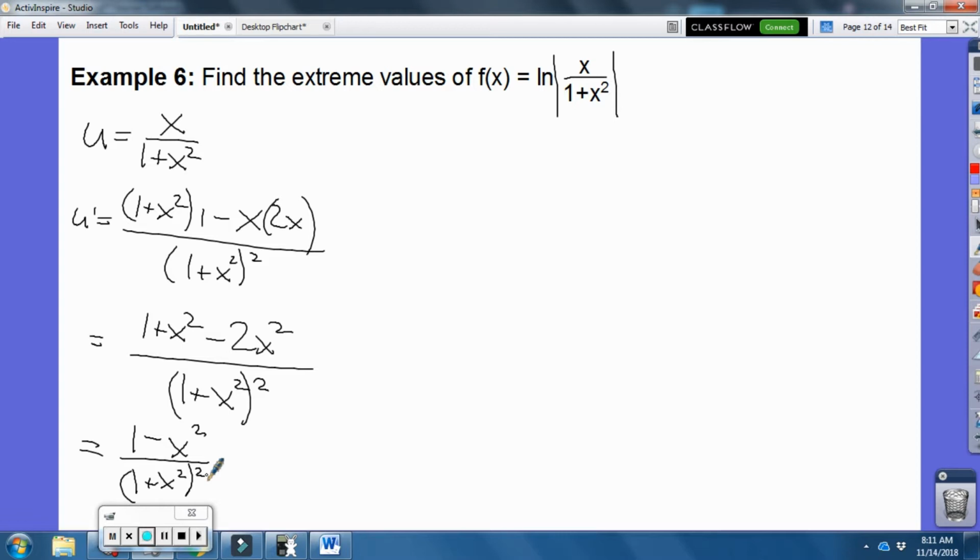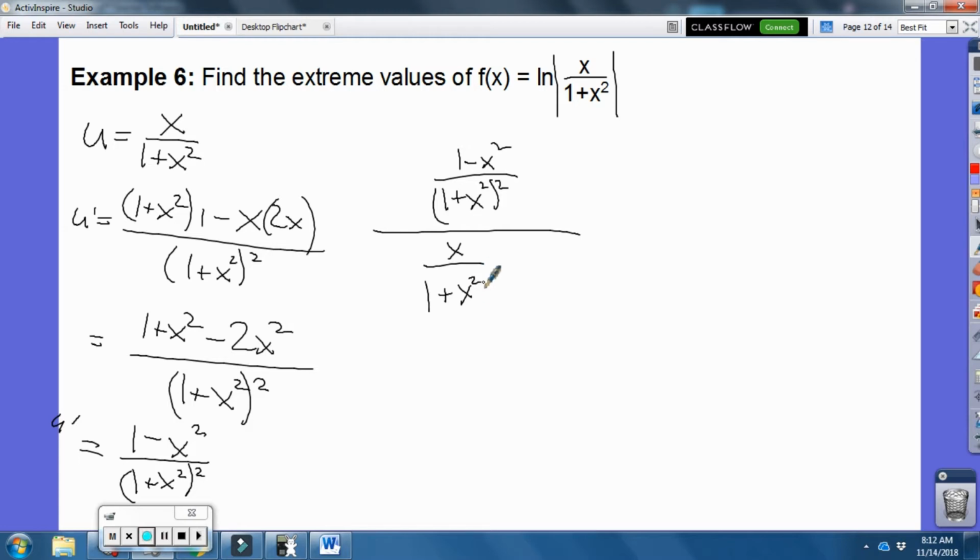So now that I know u and u prime, I'm going to just plug that into the equation. I have u prime, which is 1 minus x squared over 1 plus x squared squared, all over u, x over 1 plus x squared.